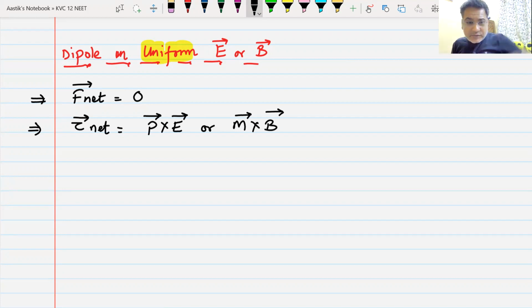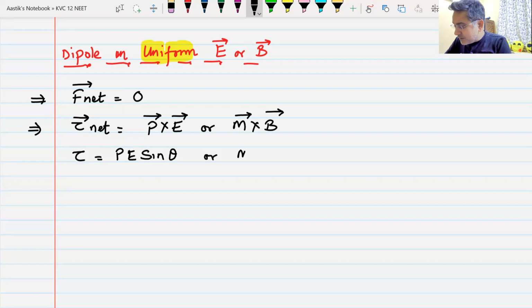P means electric dipole moment, E means electric field, M means magnetic dipole moment, and B means magnetic field. If I just have to write the magnitude of torque, that will be equal to P into E into sine theta, or it can become M into B into sine theta.